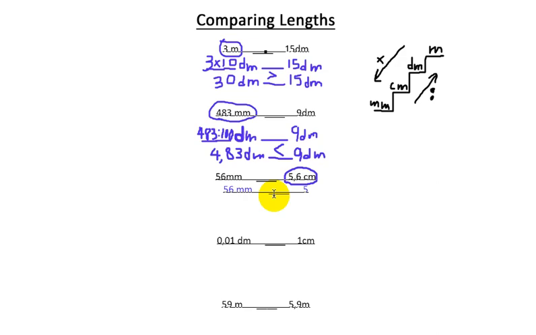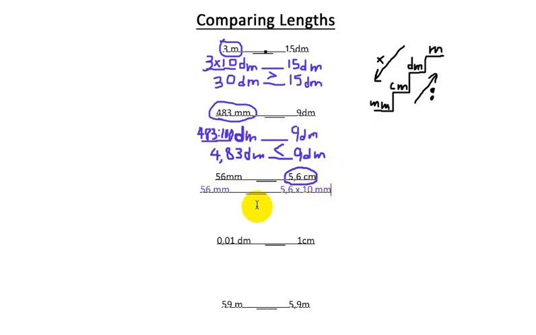We'll do 5.6. Then we need to decide if we're multiplying or dividing. Since I want to go from centimeters to millimeters, I'm going one step down. So I'm multiplying by 10 to turn this into millimeters.